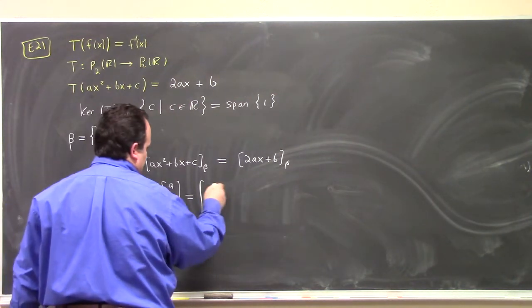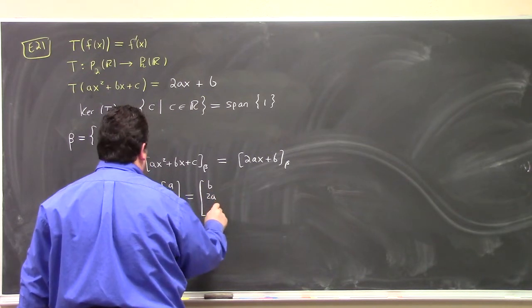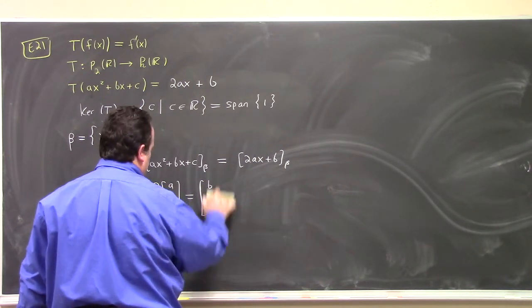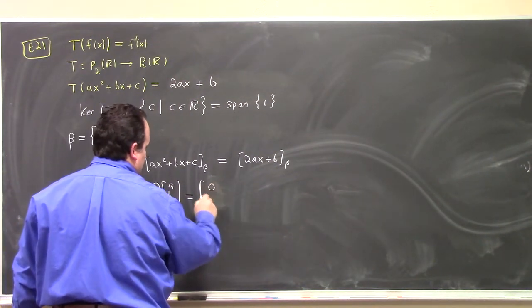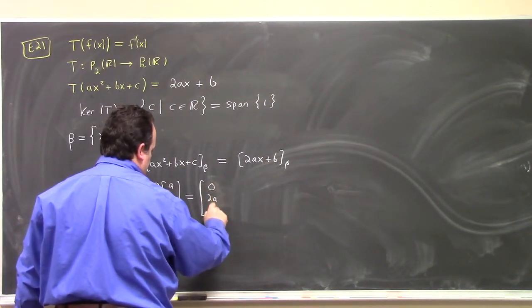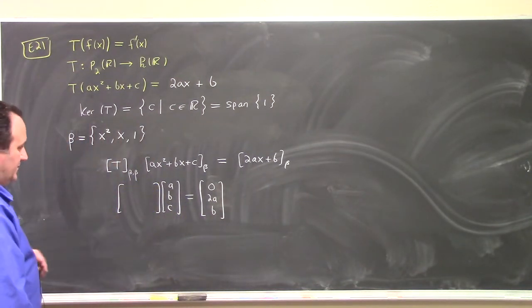So over here you've got a b, you've got a 2a, and you've got, I'm an idiot, other way around. I put the x squared first, right? So 0, 2a, b, because of the ordering of the basis. So what has to go there then?